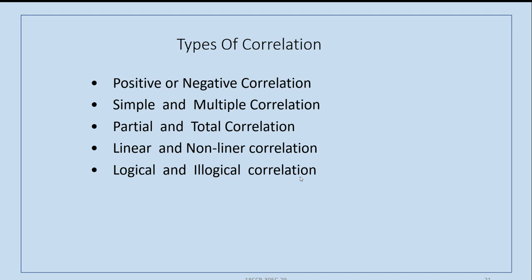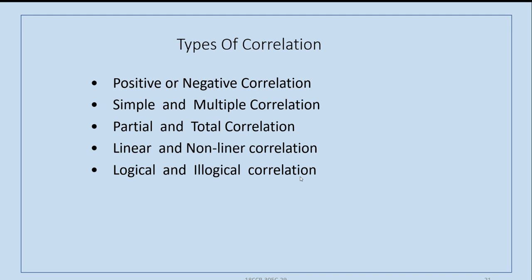I will explain positive and negative correlation very briefly so that we can apply these things in the problems. When we are doing the problems, we have to understand these things. Positive means both are increasing or both are decreasing.